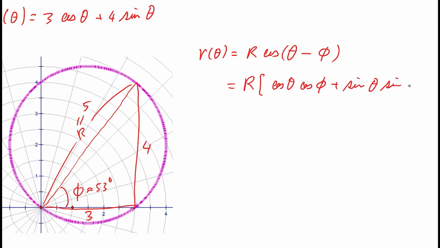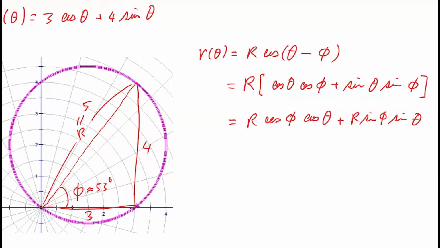Do you remember this identity? Say yes. So I distribute R. I'm going to write it a little weirdly. I'm going to switch these two. There's a reason.